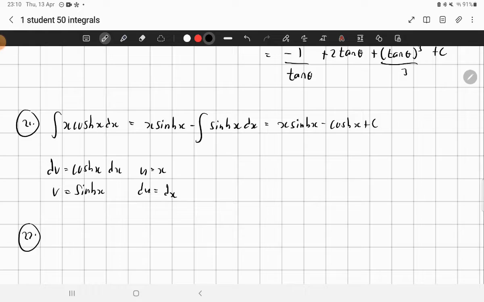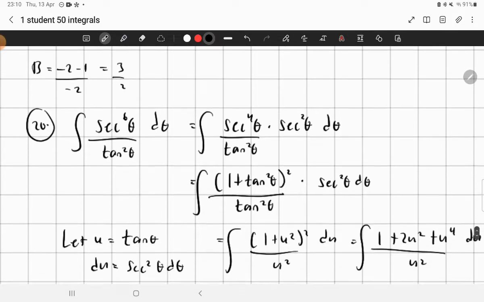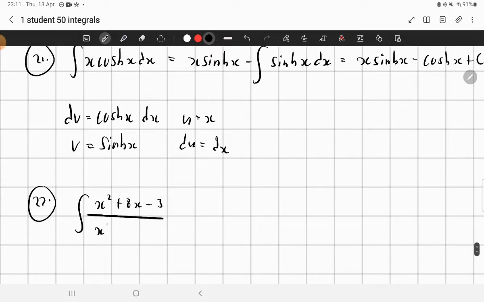Question 22. They gave us an algebraic function, which is x squared plus 8x minus 3 over x to the power 3 plus 3x squared.